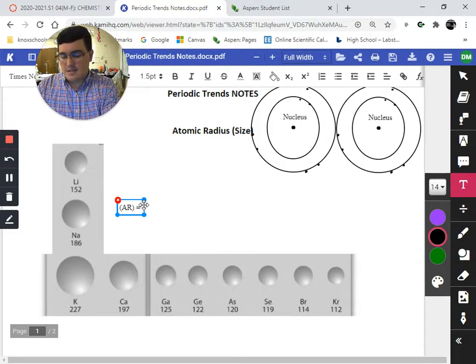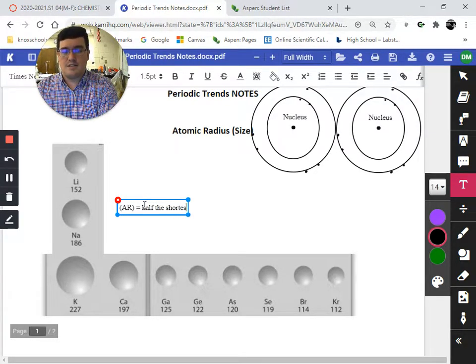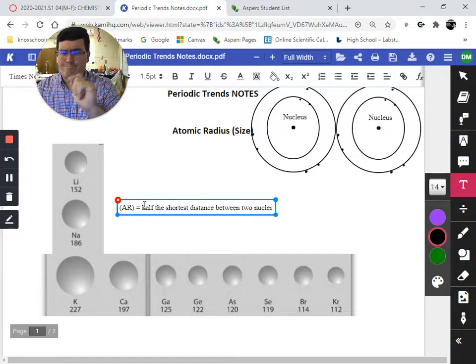So atomic radius is technically half the shortest distance between two nuclei. Only one I in nuclei. There we go. Nuclei is the plural of nucleus. Okay.